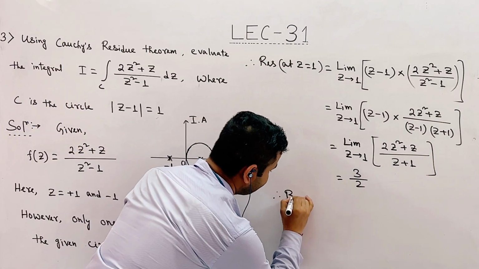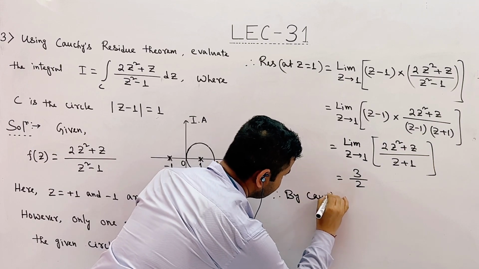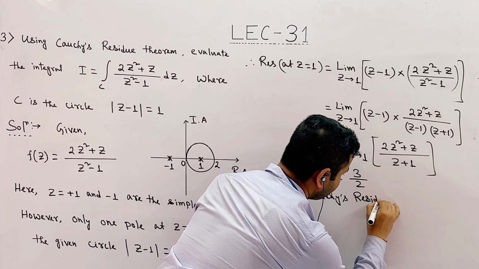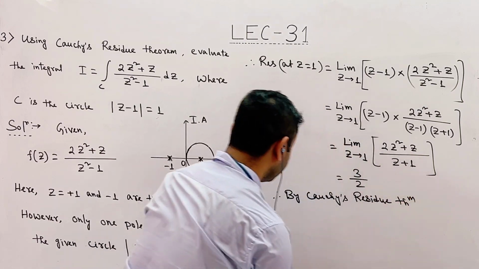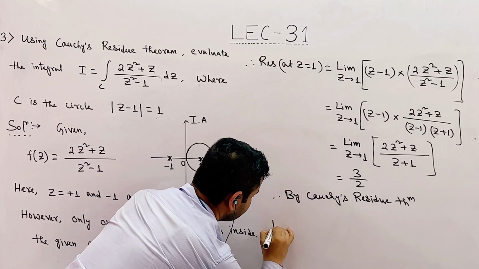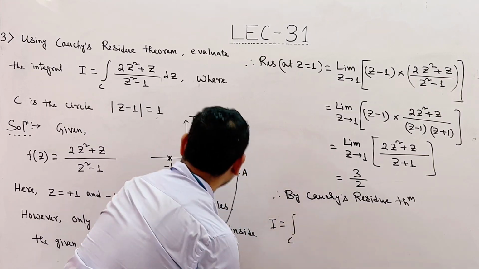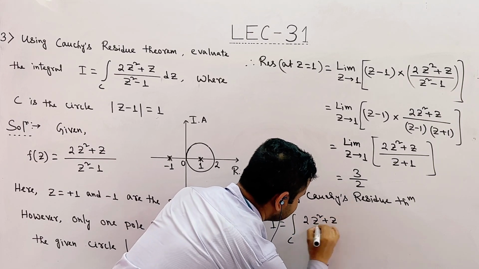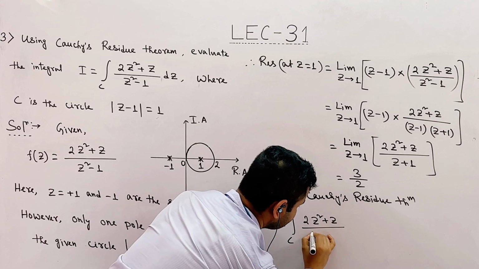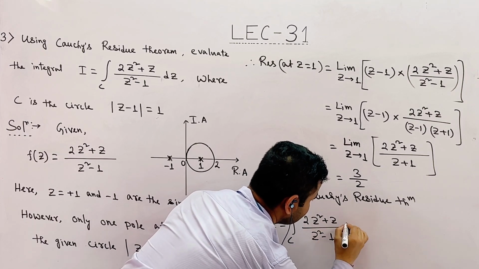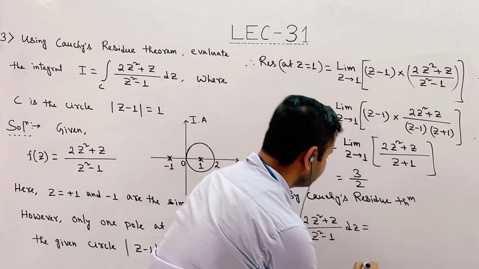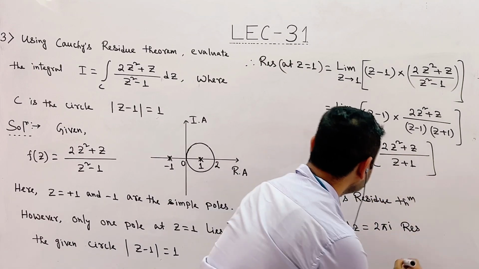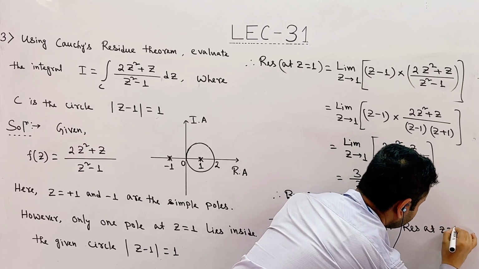So therefore, by Cauchy's residue theorem, we have the integration along closed curve C of (2z square plus z) divided by (z square minus 1) dz is equal to 2 pi iota into residue at z equal to 1.